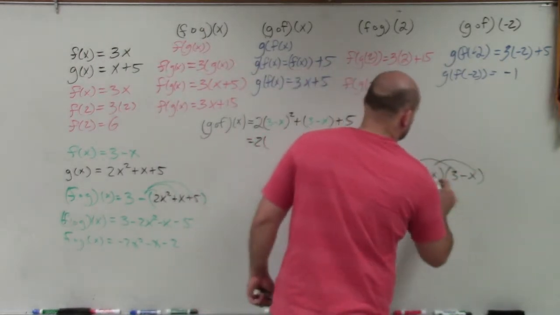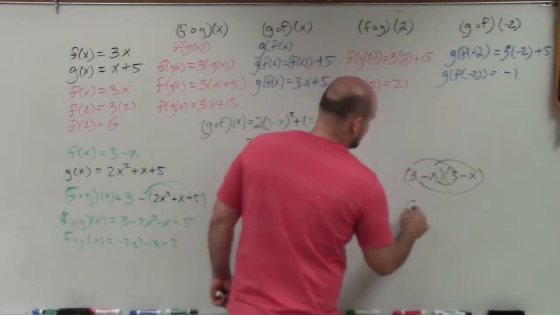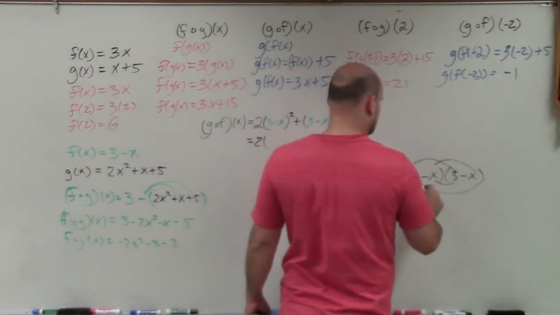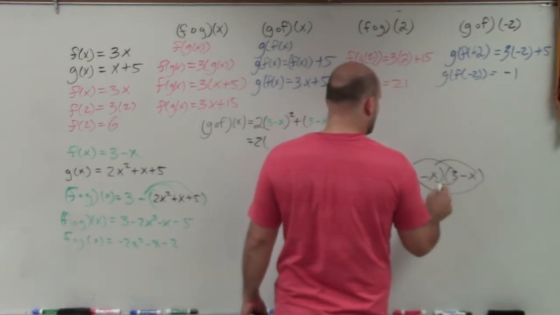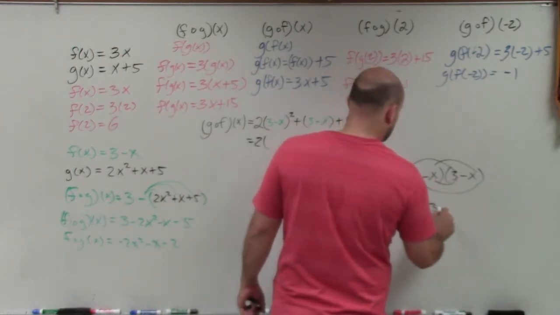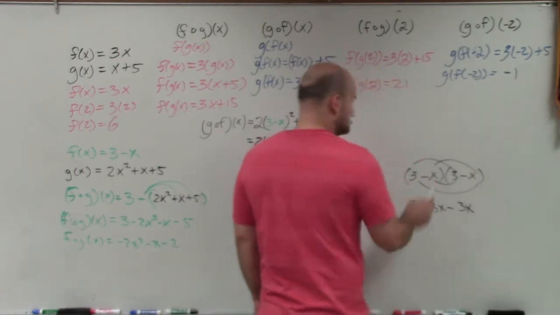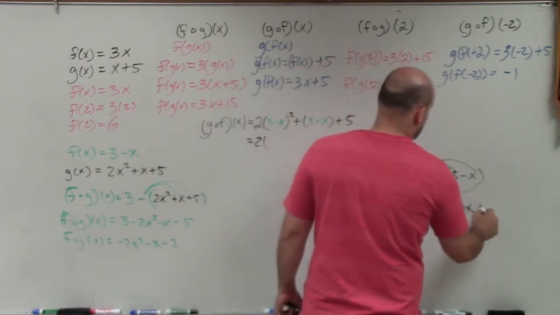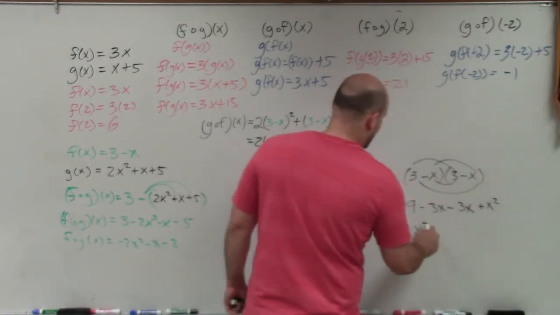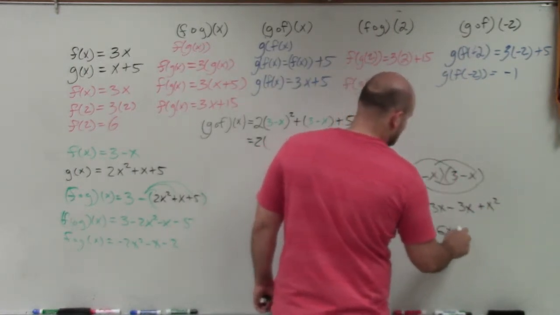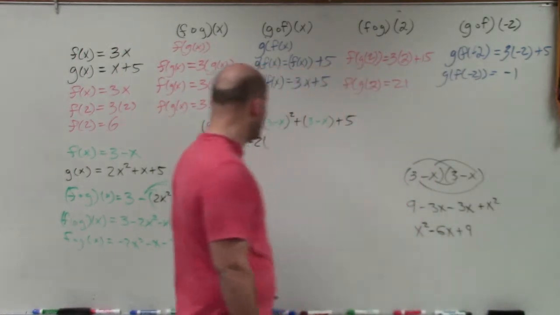Apply FOIL here. So 3 times 3 is 9. 3 times negative x is negative 3x. Another 3 times negative x is negative 3x. And negative x times negative x is a positive x squared. So therefore, I have x squared minus 6x plus 9. OK, so not that bad.